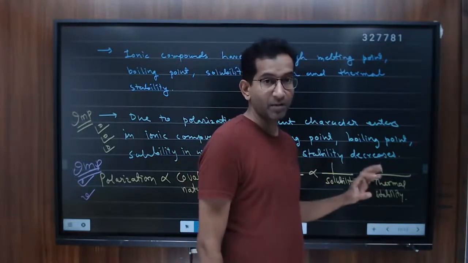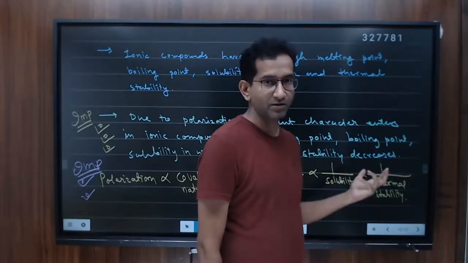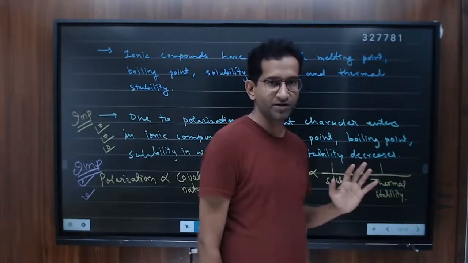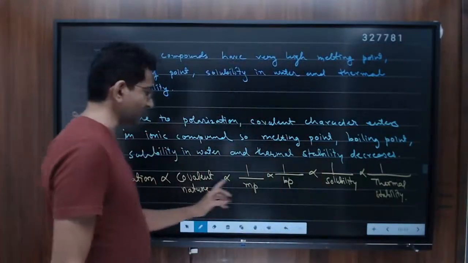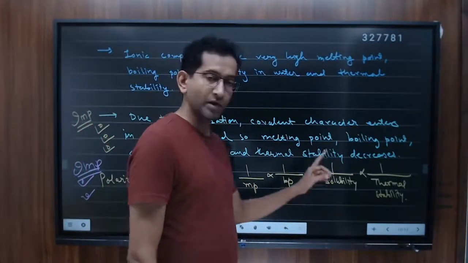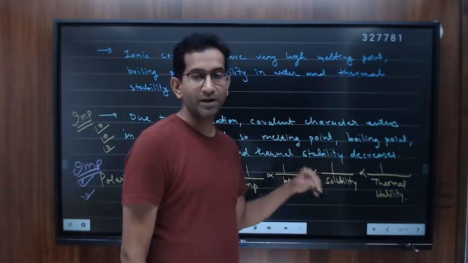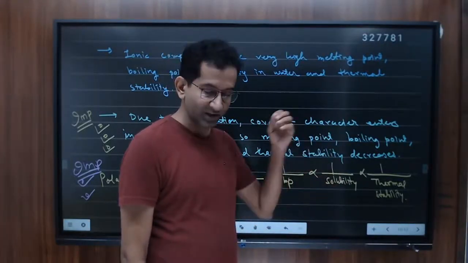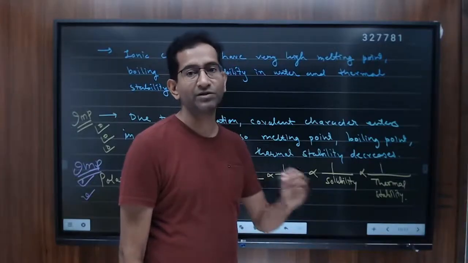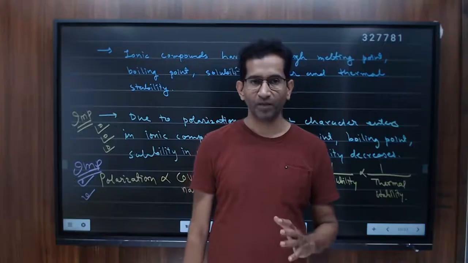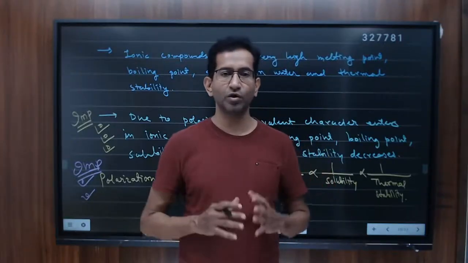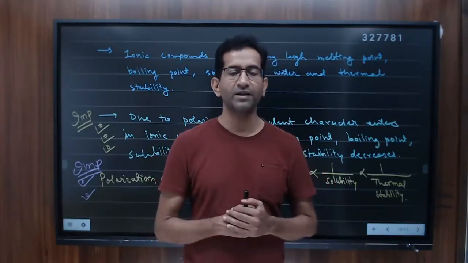But thermal stability depends on other factors also, not only on polarization. Still you can rely on the first things: melting point, boiling point, solubility. Thermal stability depends on several other factors that I am going to clear in the next 2 minutes. So if you are clear with Fajan's rule, we can shift to the new title, thermal stability.